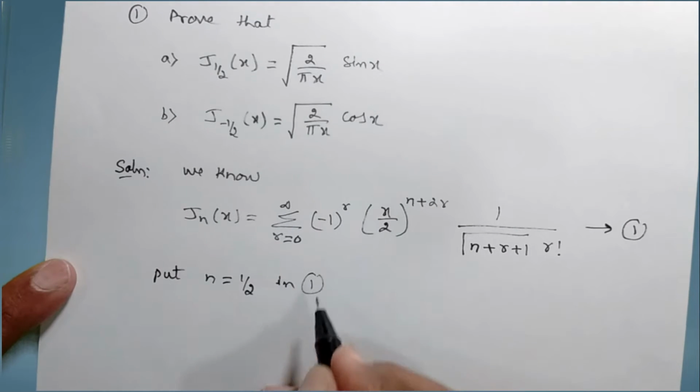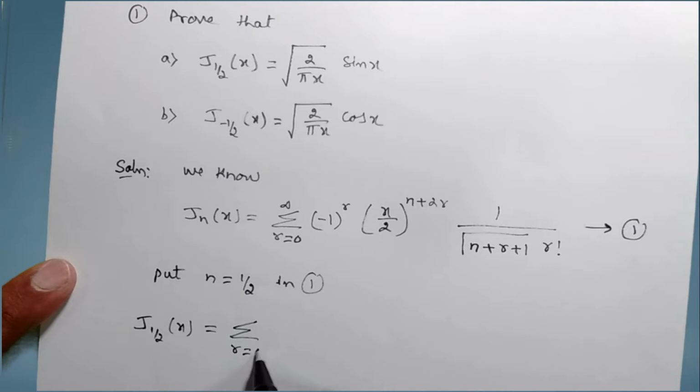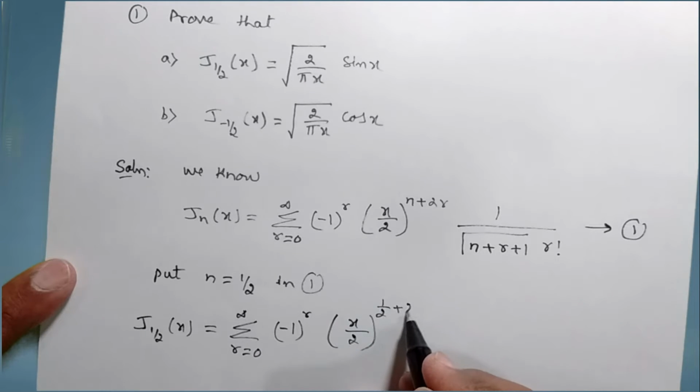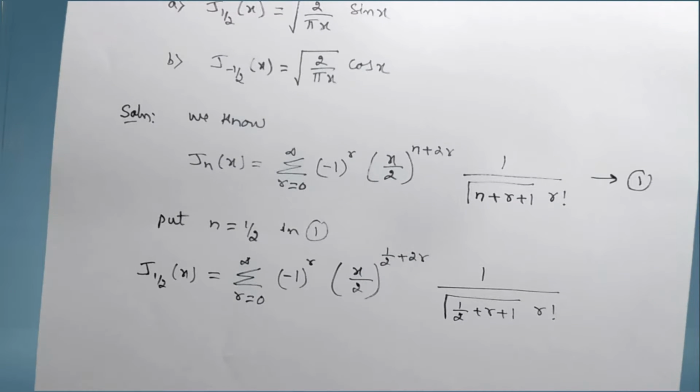If you put n as half, you'll get J half of x equals the summation of (-1)^r (x/2)^(1/2+2r) into 1 by gamma of (1/2+r+1) into r factorial. Half plus 1 will be 3 by 2.